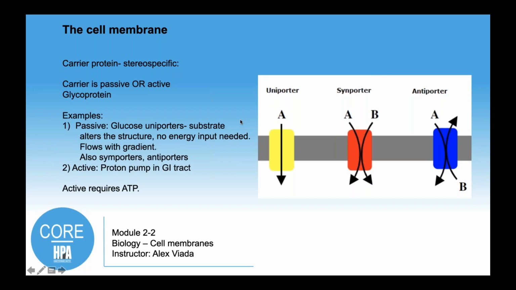Now, active carrier proteins, which we'll also get into in a moment, require ATP. You can see an active protein would be, say, the proton pump in the GI tract. Now, why would that be active if you think about it? Well, a lot of carrier proteins can actually move ions back and forth, and move molecules back and forth.